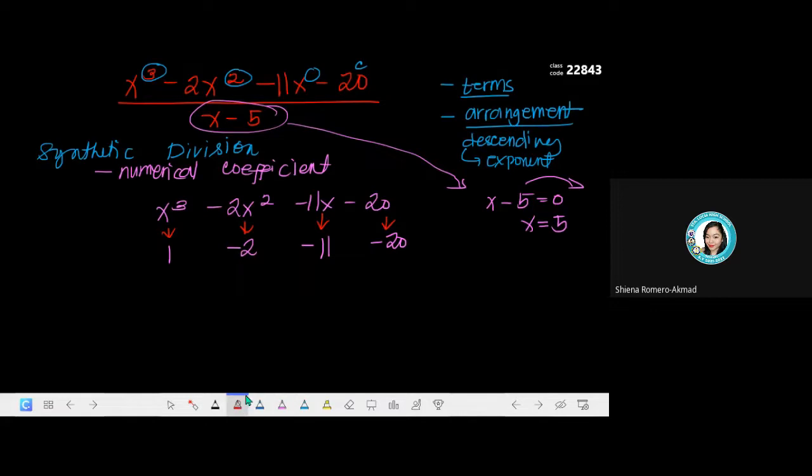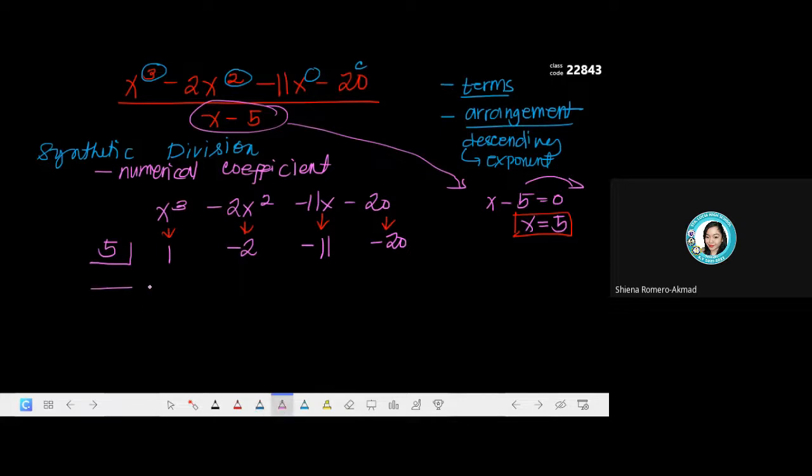So we have x equals 5. Yan yung gagamitin nating value dito. So if I divide that, dapat ang gagamitin ko ay positive 5. Yan, positive 5. Next is, kailangan yung tandaan yung mga steps na gagawin.